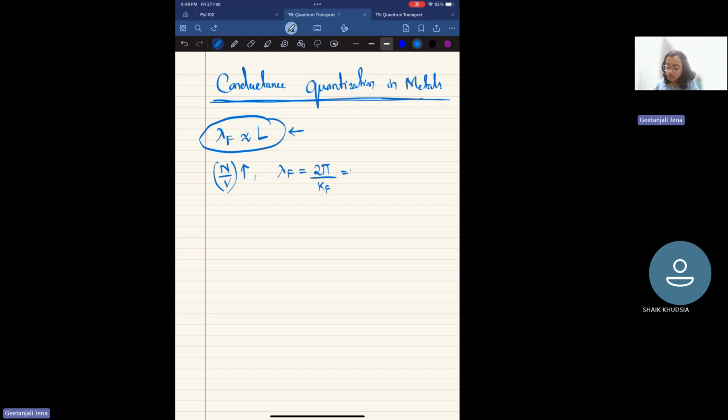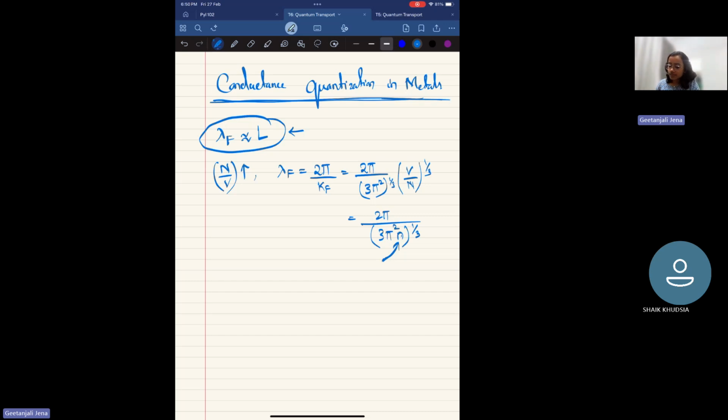For metal, for the 3D case, kF is (3 pi squared n) to the power 1 by 3, where n is the charge density or number density.